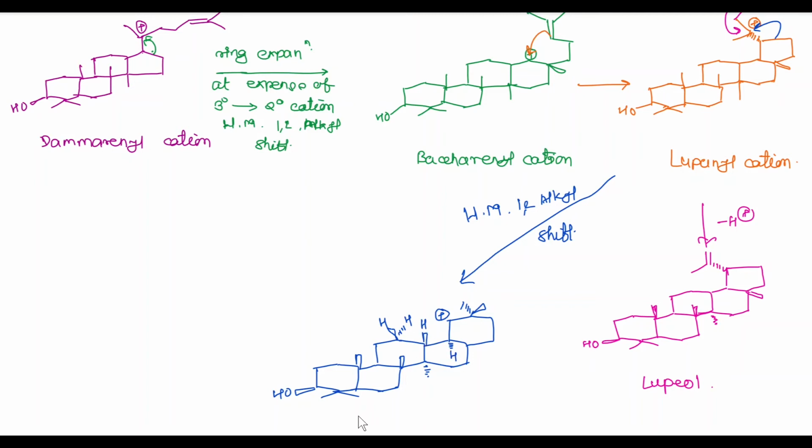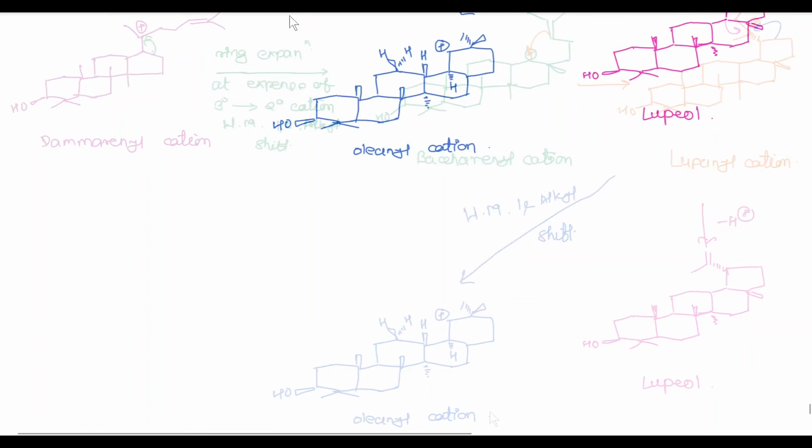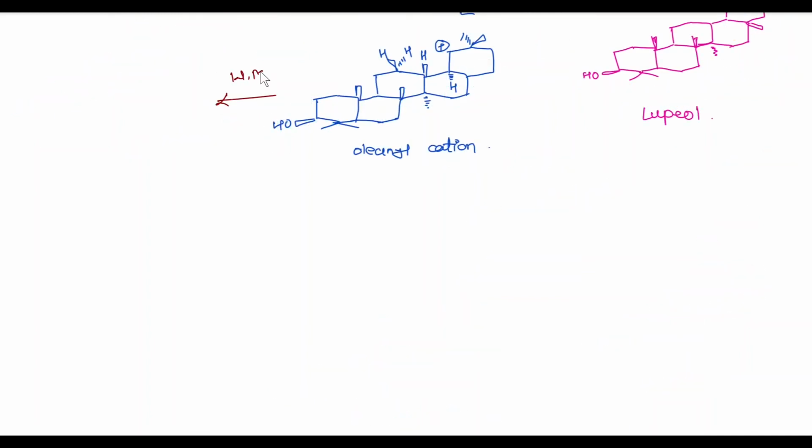And this cation is known as oleanyl cation. In the next step, Wagner-Meerwein 1,2 alkyl shift with minus H plus, we get beta-amyrin. This hydrogen is eliminated, this hydrogen is shifted here, and this hydrogen is shifted to this carbocation, and we get beta-amyrin.